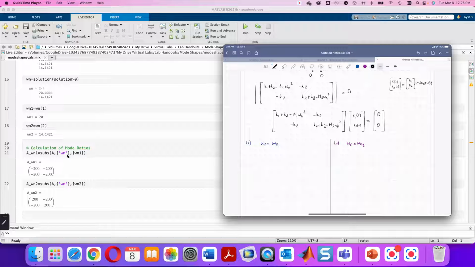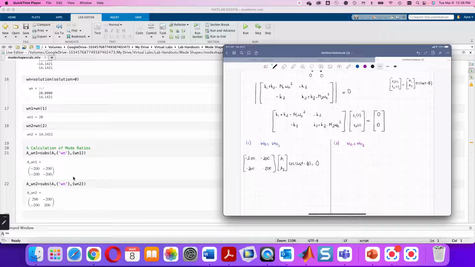If you plug in omega n1, wherever you see omega n in the A matrix, you will get this matrix: negative 200, negative 200, negative 200, and negative 200, multiplied by x1, x2, or instead I can just write this as a1, a2, and cosine omega nt minus phi.